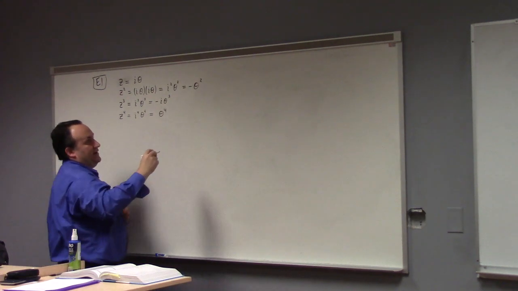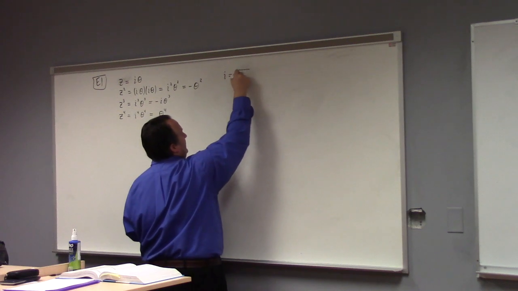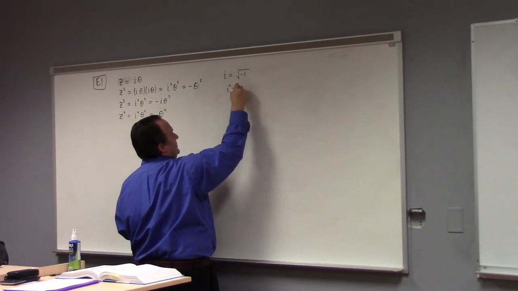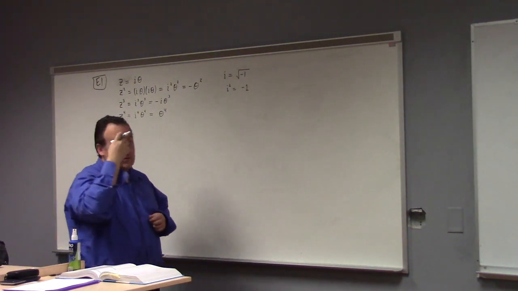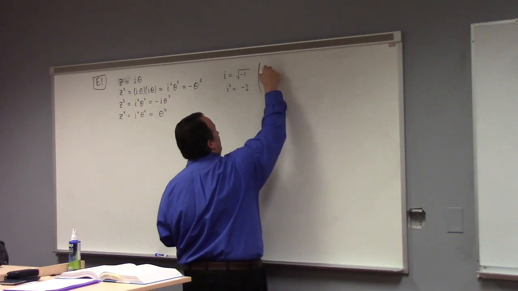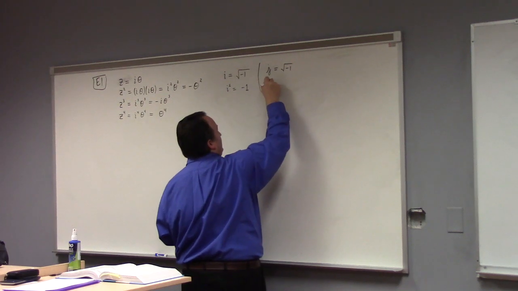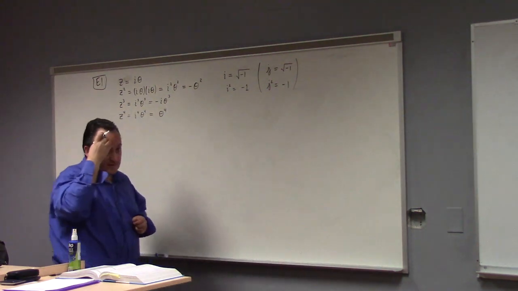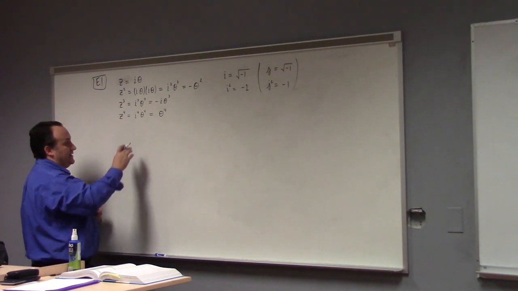So here, i is our notation for the square root of minus 1, in the sense that i squared is equal to minus 1. Now, if you're in electrical engineering, you want to use i as current, and so you use j for the square root of minus 1, and you have j squared as minus 1. So this is the usual electrical engineering notation. But in mathematics, we use i for the imaginary unit.